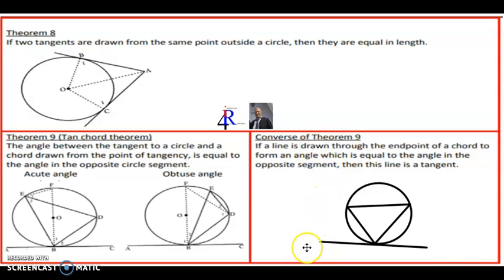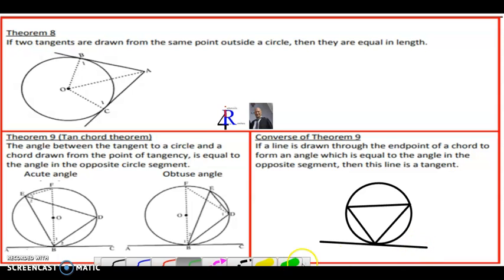If a line is drawn through the endpoint of a chord to form an angle which is equal to an angle in the opposite segment, then this line is a tangent.